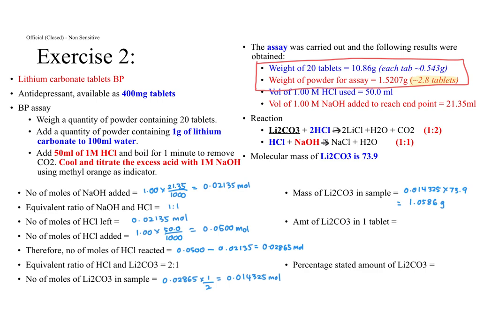So the amount of lithium carbonate in one tablet, we can find it by taking 1.0586 grams divided by 2.8 tablets. So that's 0.3781 grams, or we can also say this is 378.1 milligrams.